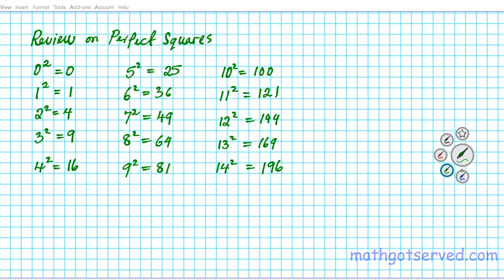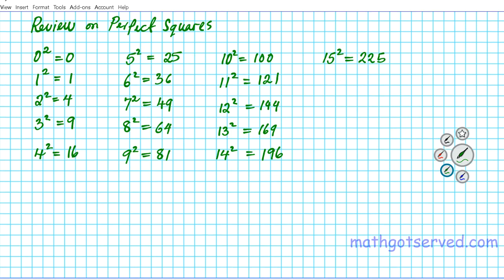And the last one that you need to remember is 15 squared. 15 times 15 is 225. These are our perfect squares. Now, why is this important? If you take the square root of these squares, what you end up with is the number that you squared to arrive at the square.